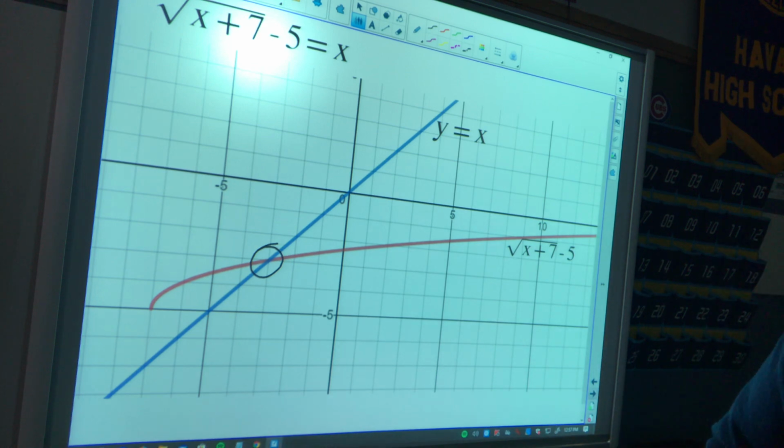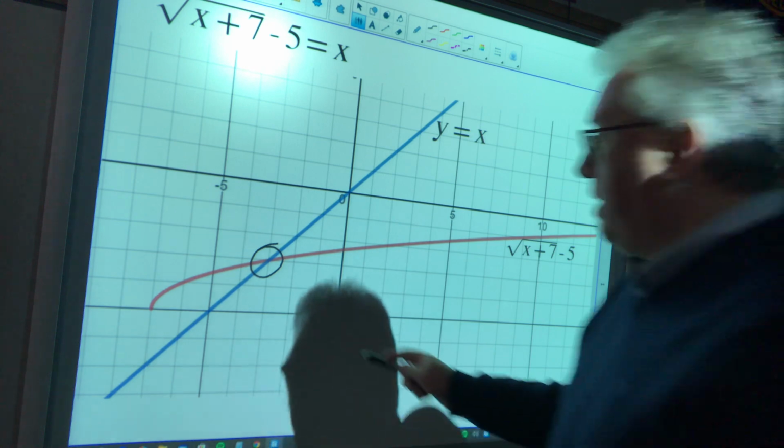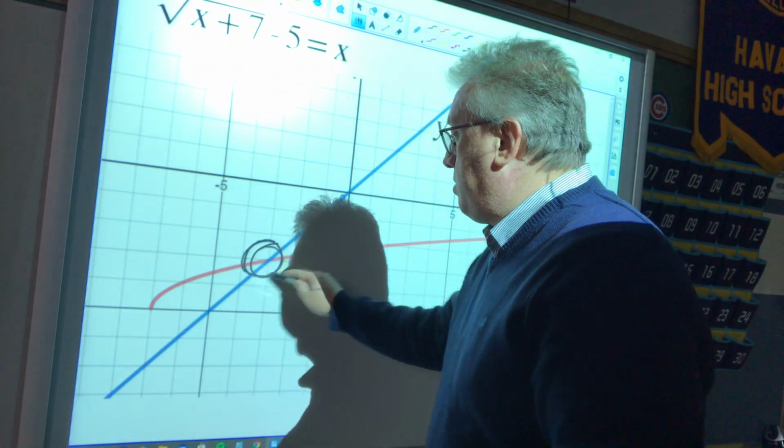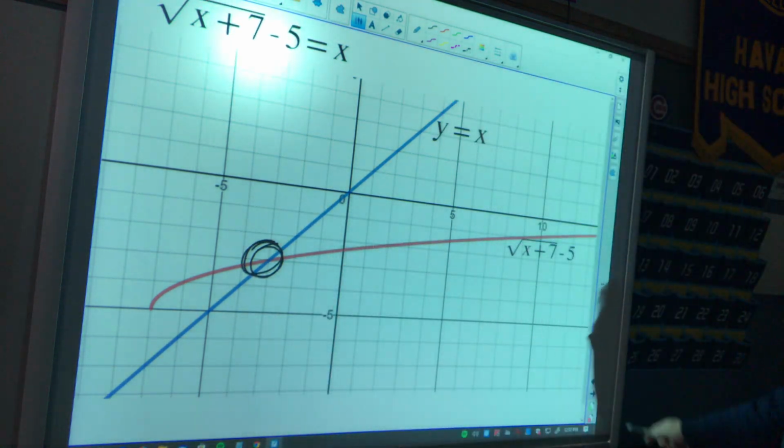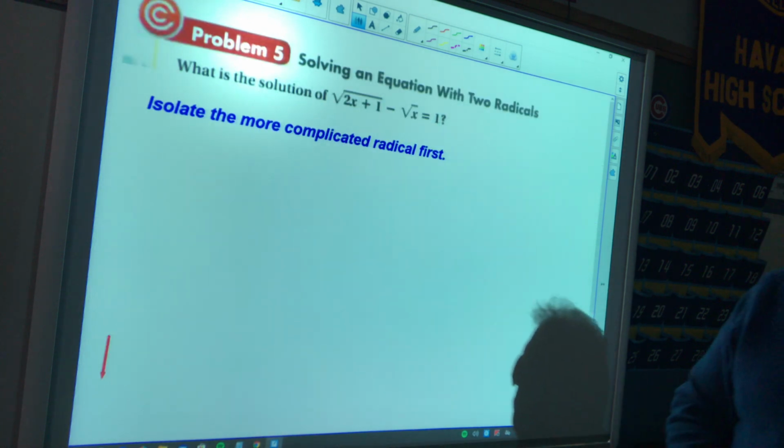Now, sometimes on your graphing calculator that can be a little cumbersome because your viewing window's not great, but you can use your intersection mode on your calculator and see where those two intersect. I'd kind of like for you to do it algebraically though, for now, okay?